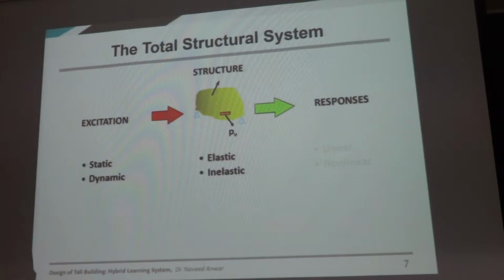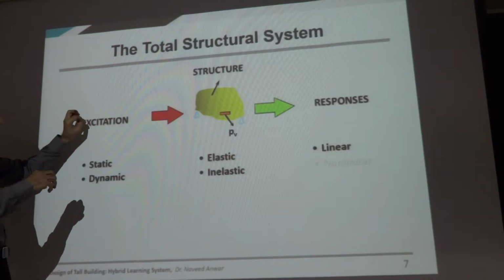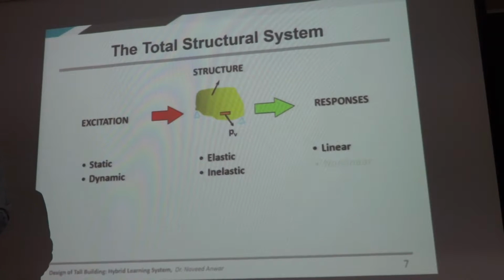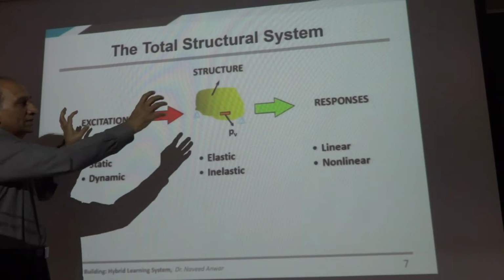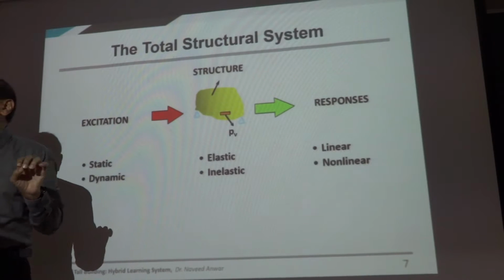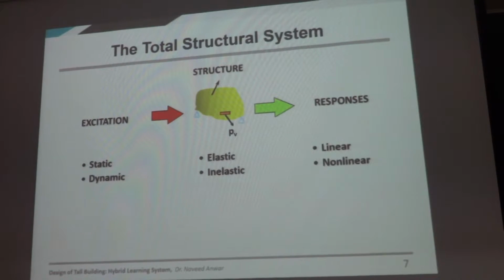Alright? And the response could be linear. That means the excitation and response could be related linearly with a constant factor, or the response may be non-linear, may change depending upon the displacement and force values. It may not be the same, it may change.